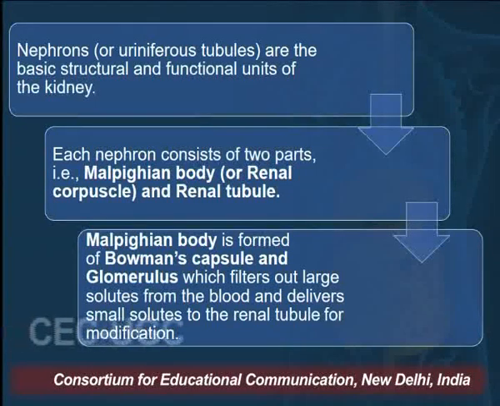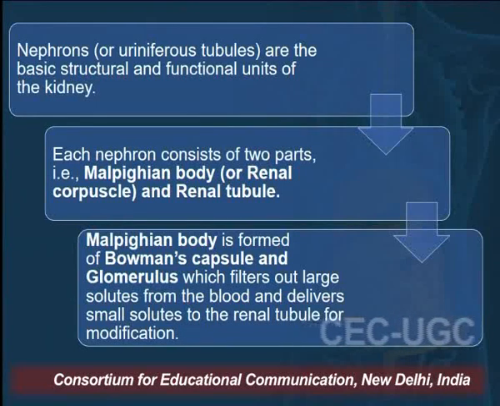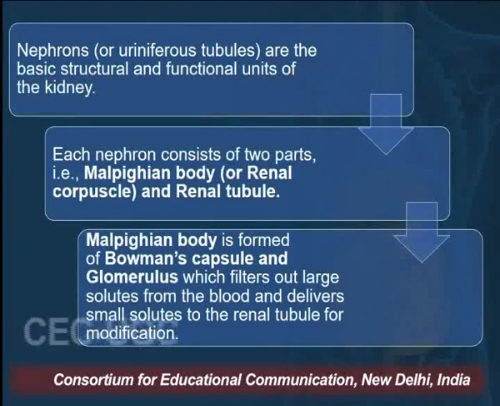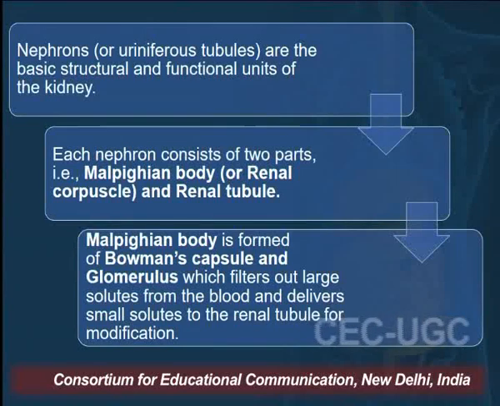Each nephron consists of 2 parts, the Malpighian body or renal capsule, and the renal tubule. The Malpighian body is formed of Bowman's capsule and glomerulus, which filters out large solutes from the blood and delivers small solutes to the renal tubule for modification.